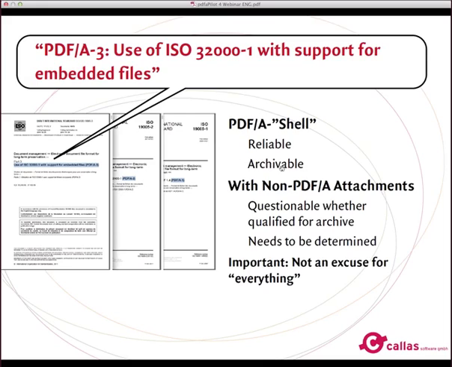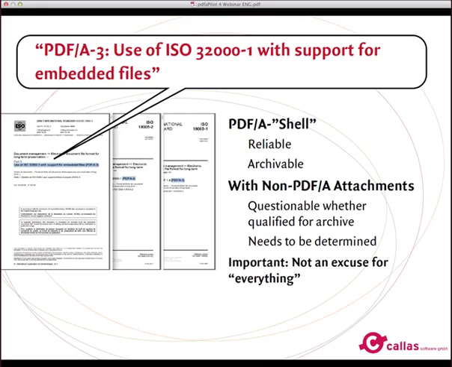So if you want, you can say my PDFA3 file is a shell, and this shell is reliable and archivable, so it's just PDFA, but it has attachments that are not PDFA and that are just any file formats. And of course, for these file formats, it's questionable whether they are qualified for an archive, so they are not PDFA, and that needs to be determined.